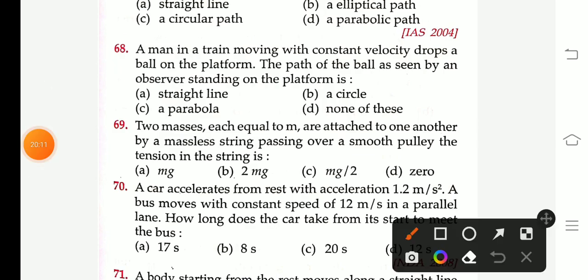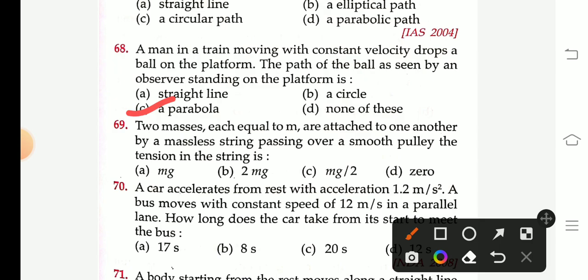A man in a train moving with constant velocity drops a ball on the platform. The path of the ball as seen by an observer standing on the platform edge is a parabola.